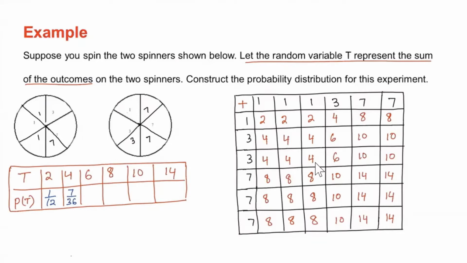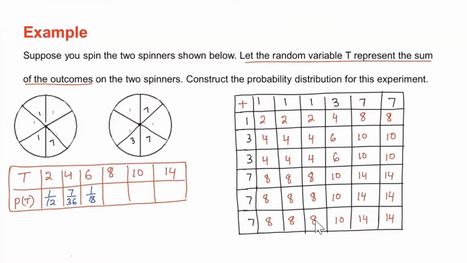Now if you count 6, you'll see 6 here and here. You have 2 6s. So 2 out of 36 or 1 over 18. And then the next one is 8. If you count 8, you'll see we have 11 8s out of 36.